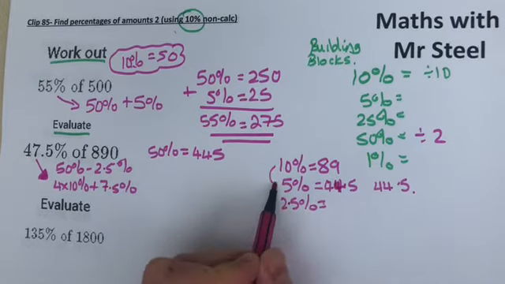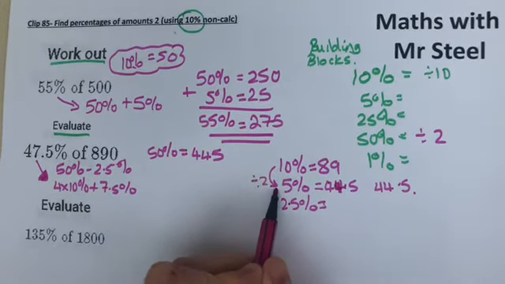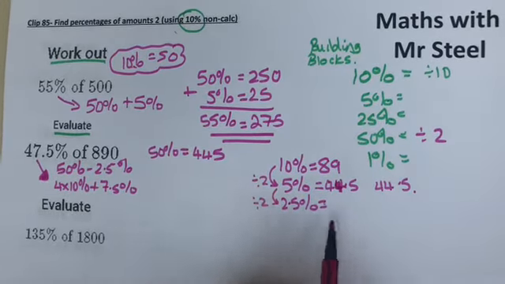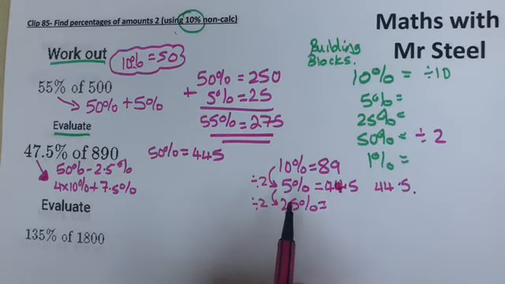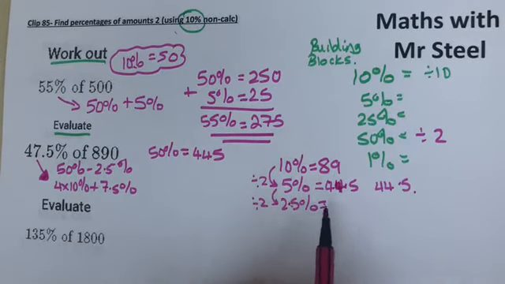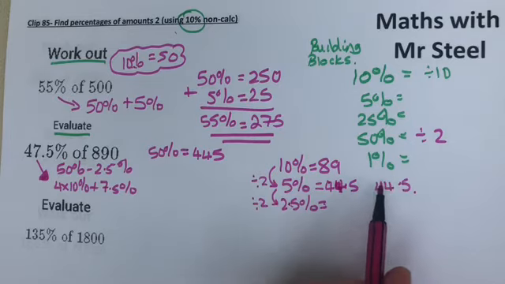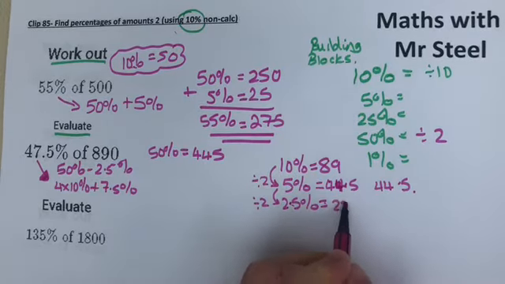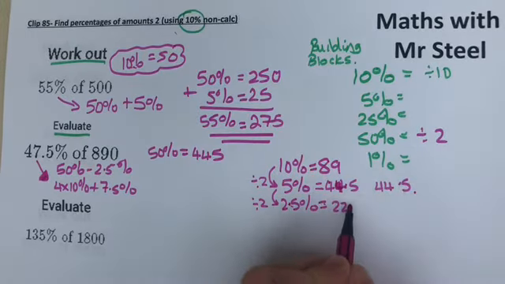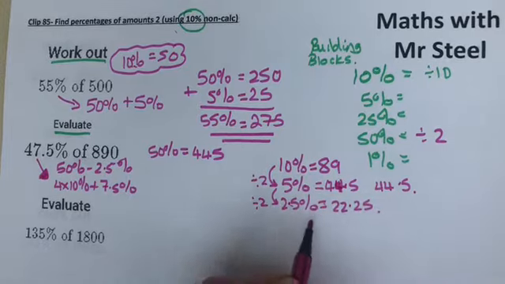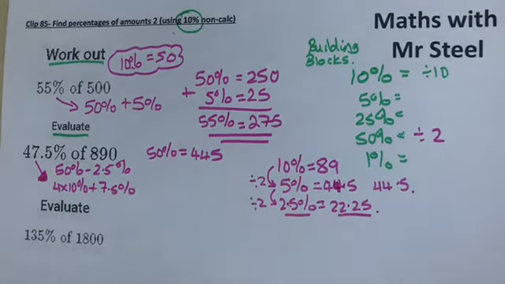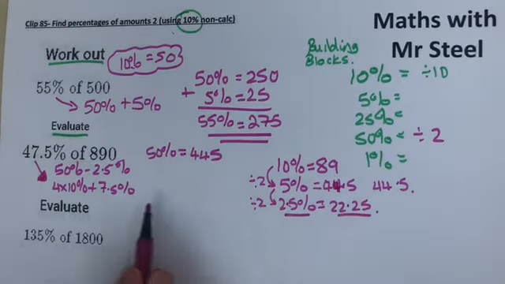Well, if I divided by 2 to get that, I divide by 2 again, I would get 2.5% because 2.5 times 2 is 5. So half of 44.5, let's break it down. Half of 44 is 22. Half of 0.5, half of a half is a quarter, or 0.25. So 2.5% is 22.25. So let's go back to the original.